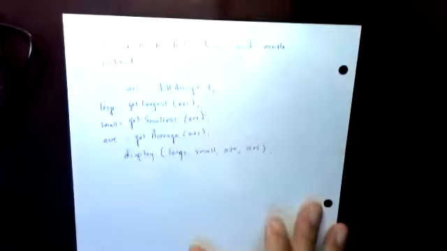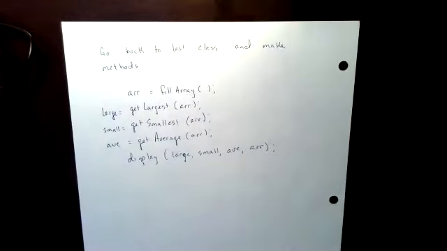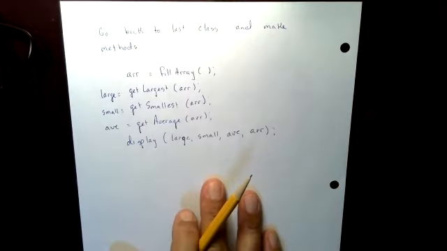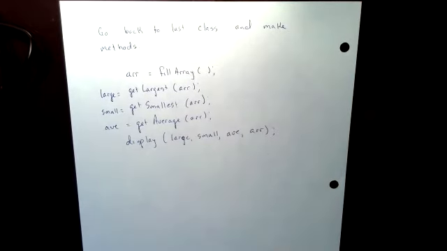So where does this come into play? All right. If you remember in the last class, you wrote a program to work with an array where you filled it. And then I asked you to have separate loops to find the largest, to find the smallest, to get the average. Well, what I want you to now do is go back and make that program look pretty by filling it with a bunch of methods.